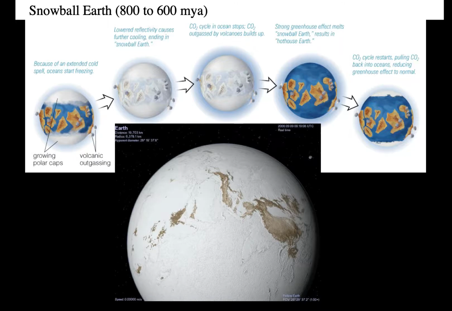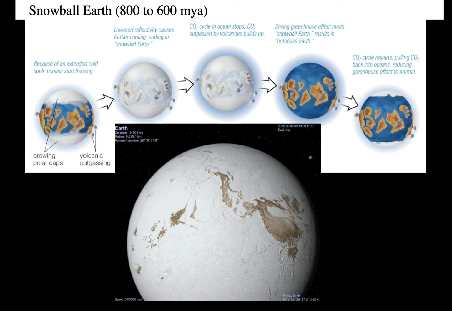So here's an artist's depiction of that. You can see down in the lower middle, in the middle of this period, this is essentially what the world looked like. So you can see parts of India here, and Asia, Europe, and it's completely covered with ice all the way to the equator.